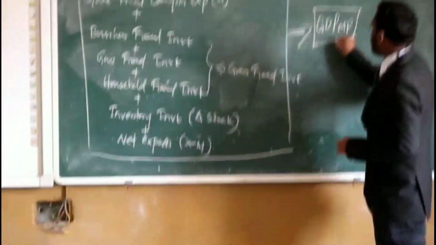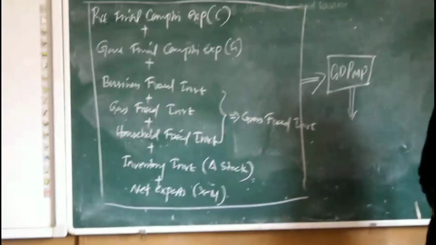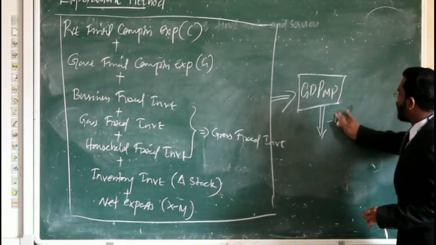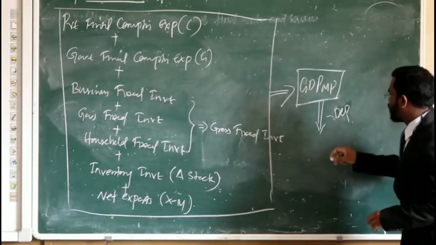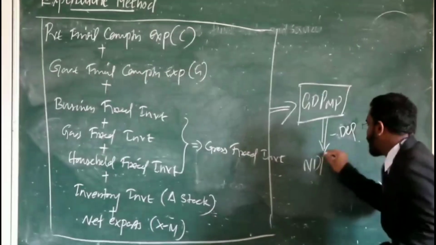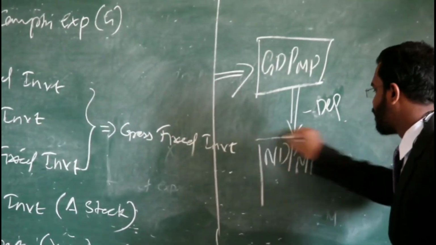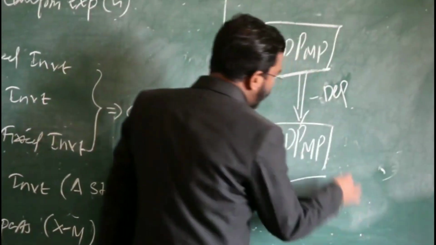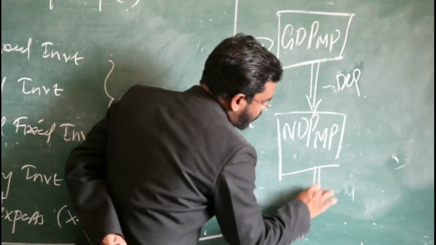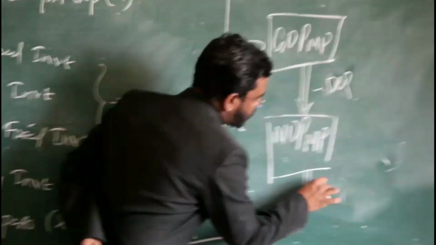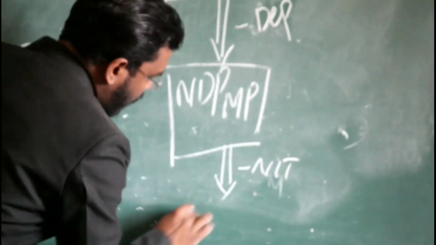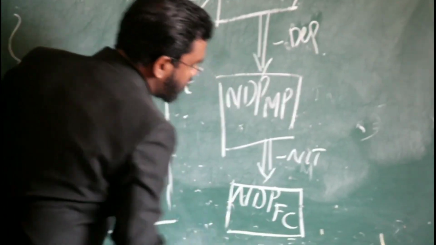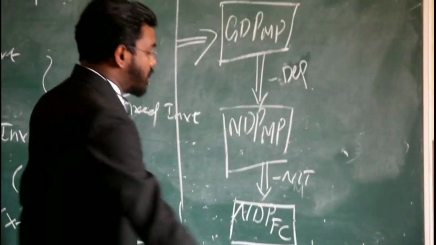From this GDP MP, we can calculate NDP MP. How? By subtracting depreciation. Then we will get NDP MP. Okay. Then next we can calculate NDPFC. How can we calculate? By subtracting NIT, then NDPFC. This is our domestic income. NDPFC is our domestic income.